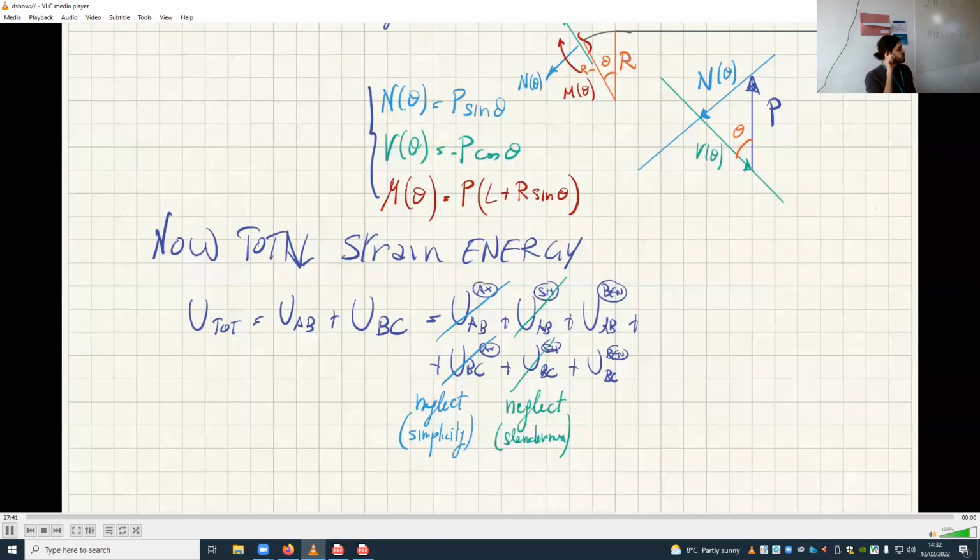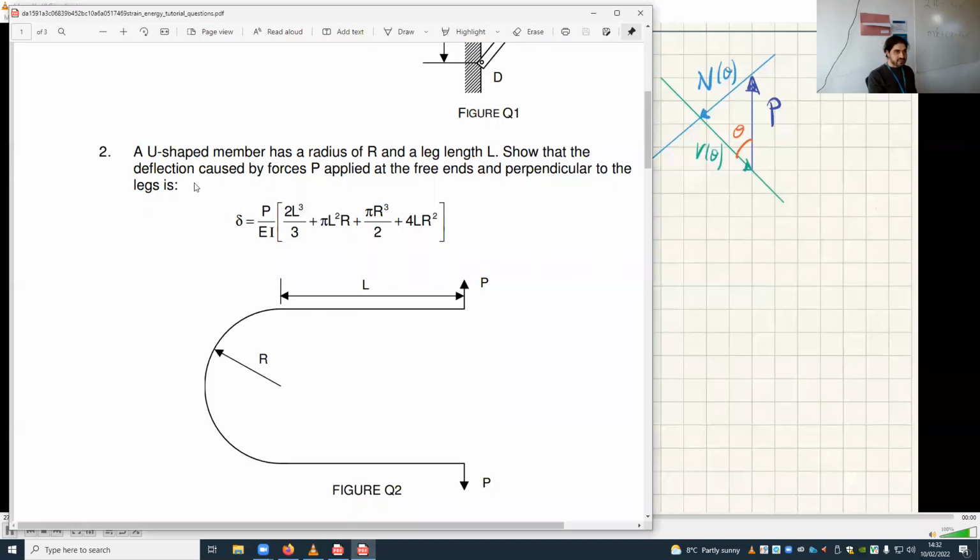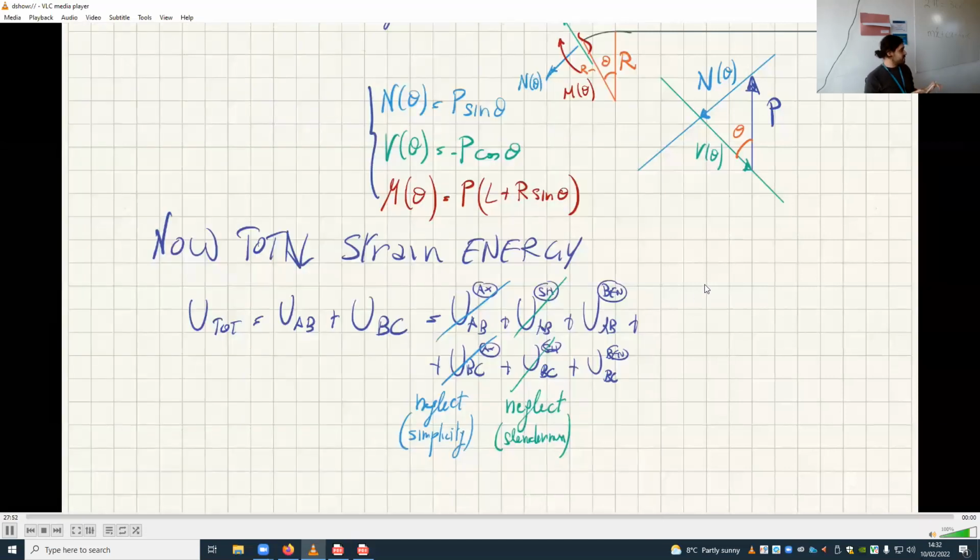All right, do we need to calculate the energy or not? Let's look at the tutorial question. The tutorial question says, calculate the deflection. All right, if I don't need the energy, I can use the simpler integration. Do you agree? Very good.